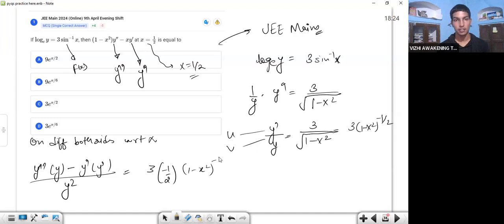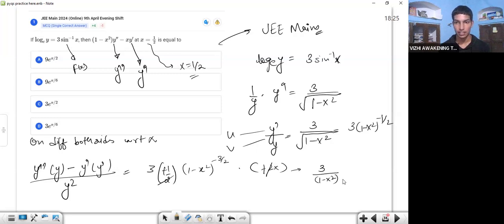Minus half minus 1 will go minus 3 by 2 into derivative of 1 minus x square, that is minus 2x. Once derivative is 0, minus x square's derivative is minus 2x. So 2 cancels 2, minus cancels minus. So further simplifying, RHS only 3 upon 1 minus x square.